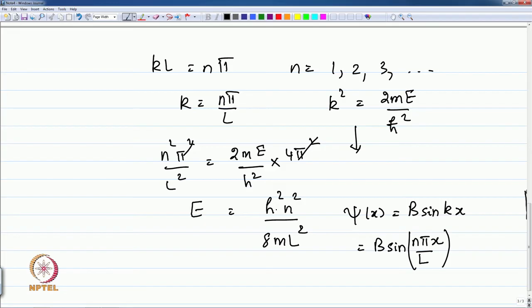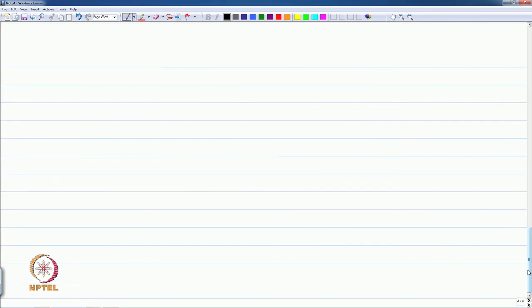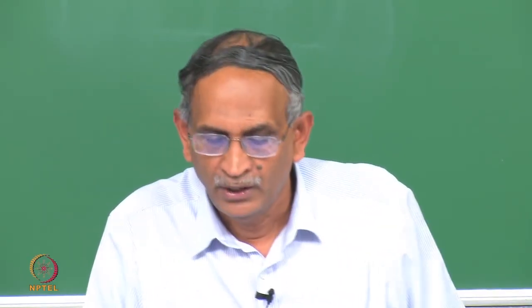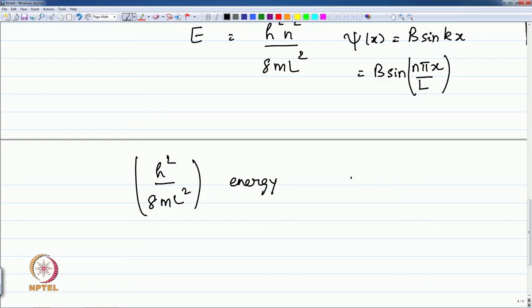You recall the quantity h square by 8 m L square has the dimension of energy, and it has only two inputs for this problem, namely the mass of the particle m and the length of the box L, and the other constant is of course Planck's constant.